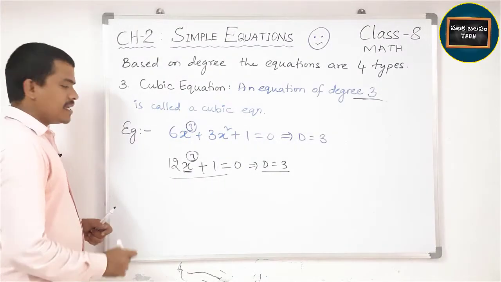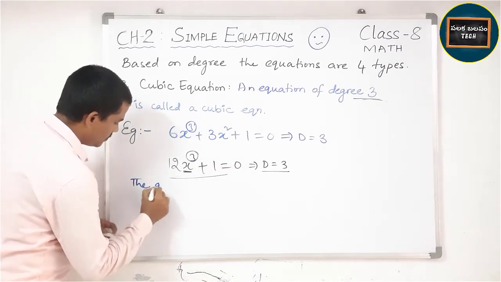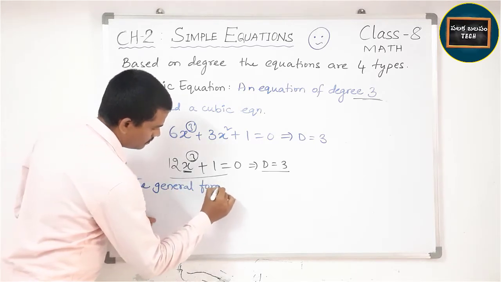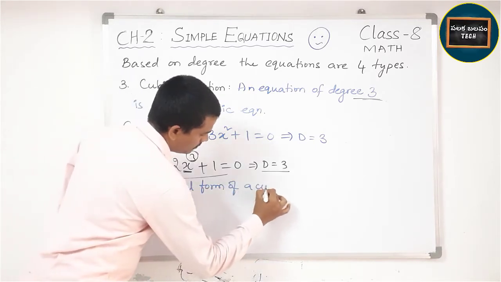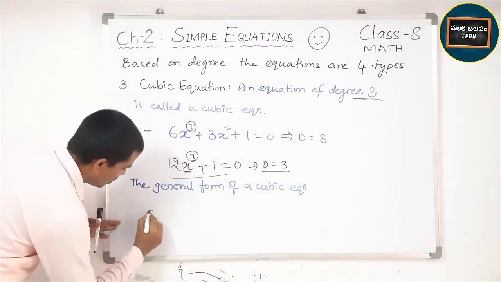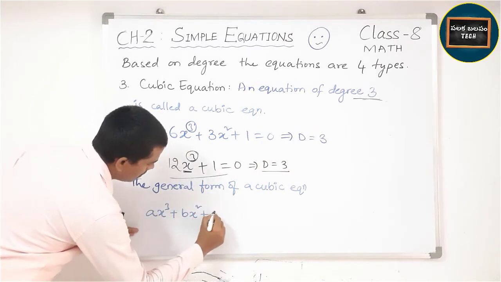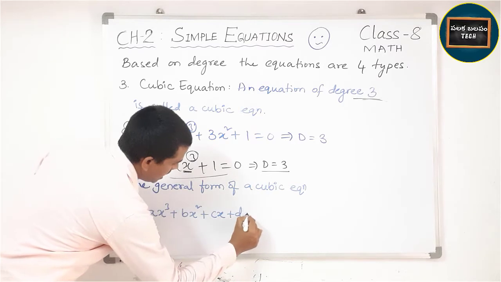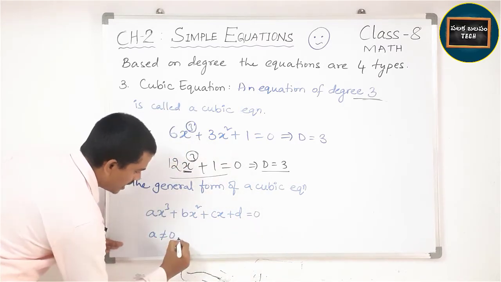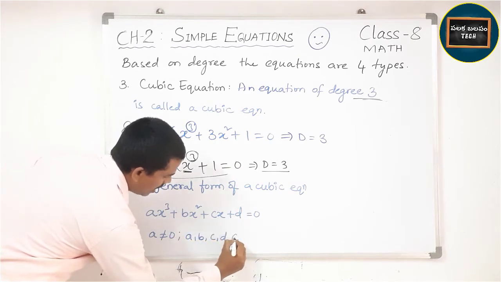Now let us see the general form of a cubic equation. The general form of a cubic equation is ax cube plus bx square plus cx plus d equal to 0, where a is not equal to 0 and a, b, c, d belong to any real numbers.